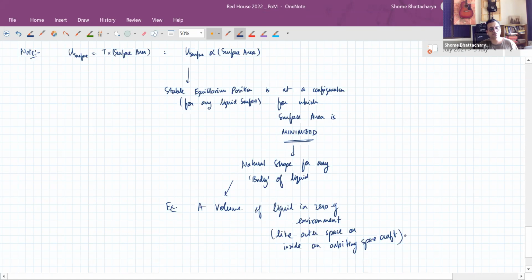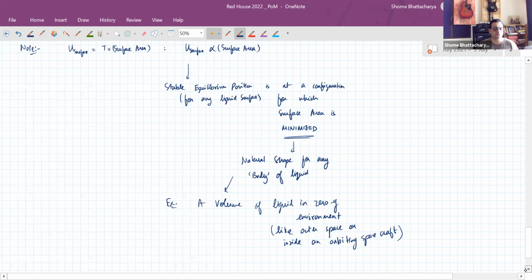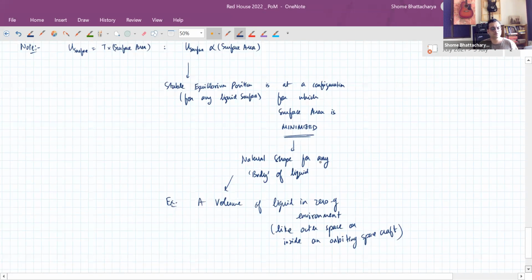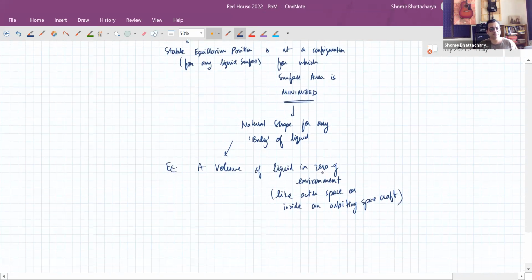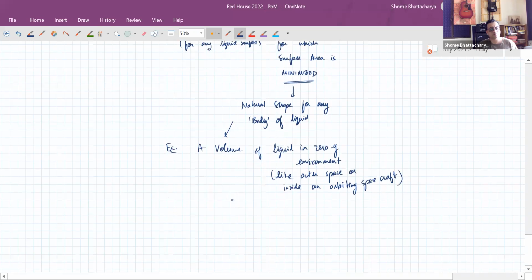So in that environment also, if you have a volume of liquid, it will always arrange itself into a perfect sphere, because geometrically the sphere has that unique property of minimum surface area to volume ratio. So a volume of liquid in any zero gravity environment always naturally takes the shape of a perfect sphere.